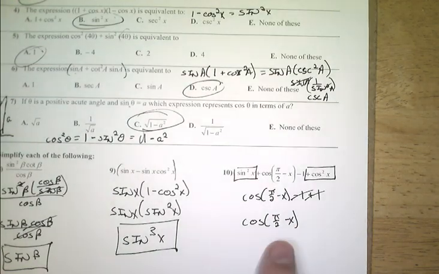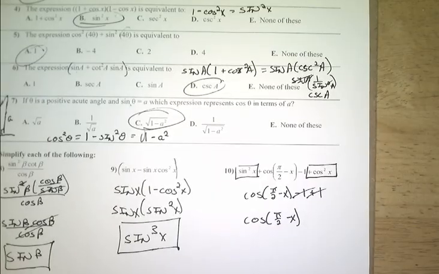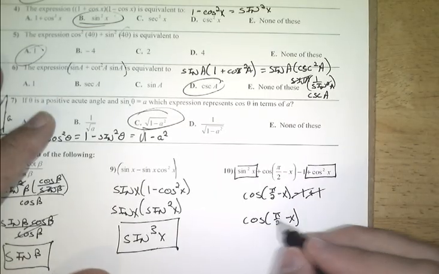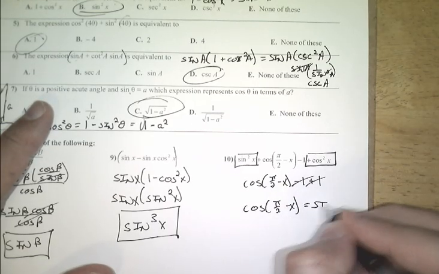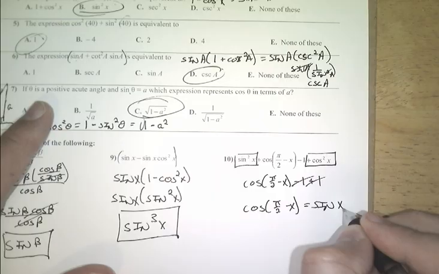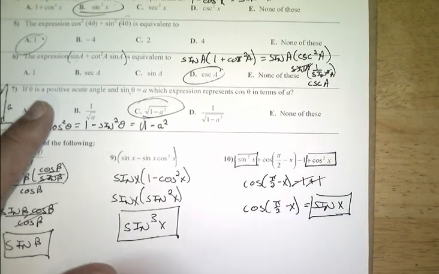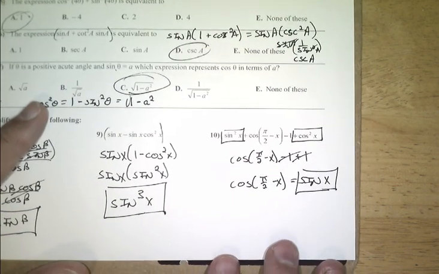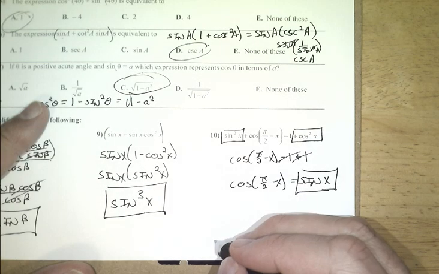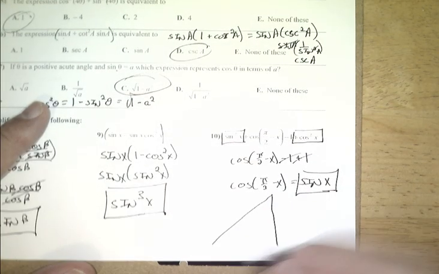Now there's one identity we didn't focus a lot on: cosine of pi over 2 minus x is exactly the same as sine of x. And I'll take a couple minutes here just to explain how that really works, in case it's kind of hard to see.